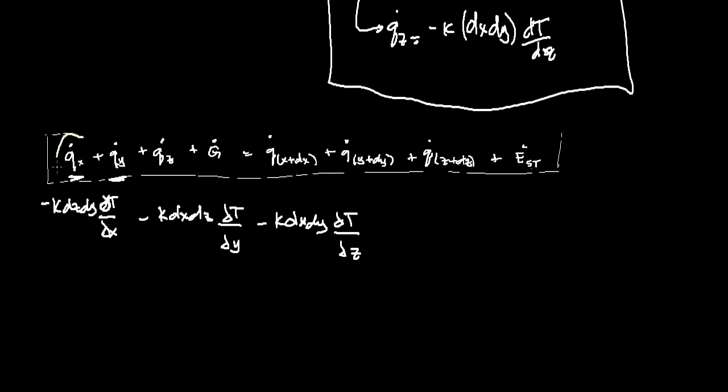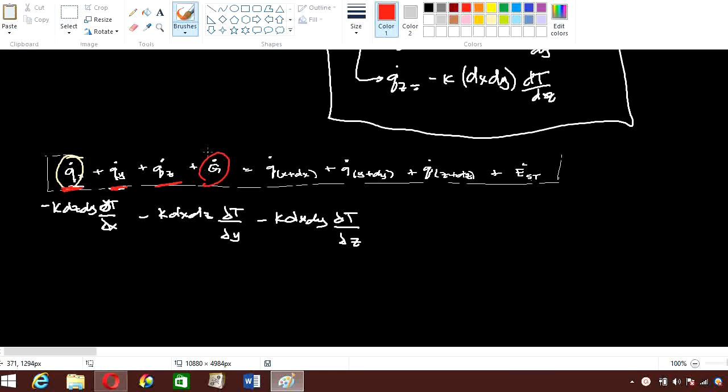Okay. All right. So we now already have the values of these Q's. And for our heat generation, the total rate of heat generation in a medium of a certain volume, we call it G, right?